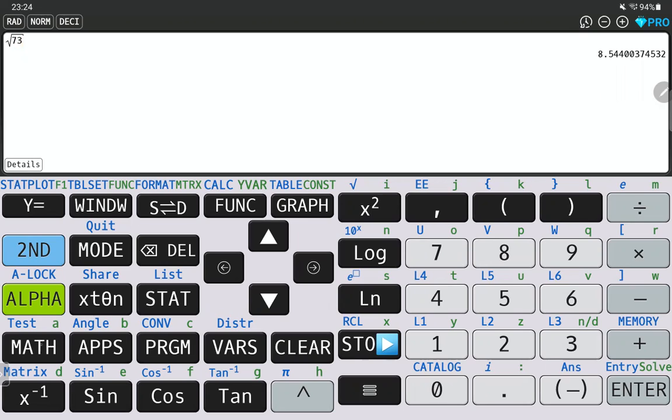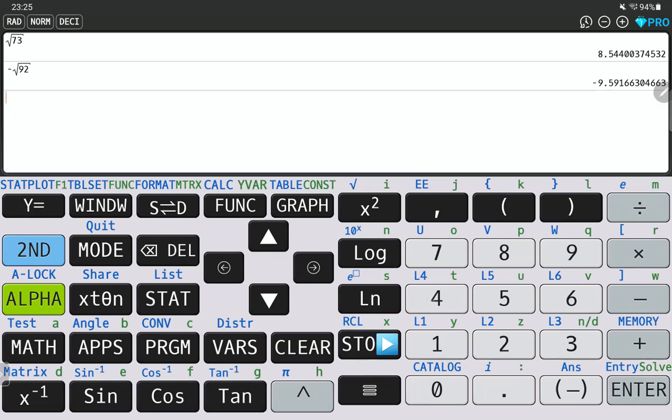We then want to do the negative second square root of 92. And that's negative 9.592 if you round up.